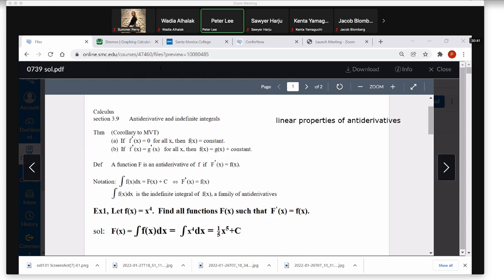So let me write number 1 here. Rule number 1, the property number 1, is if you have an antiderivative of f plus g dx, this is basically equal to what?